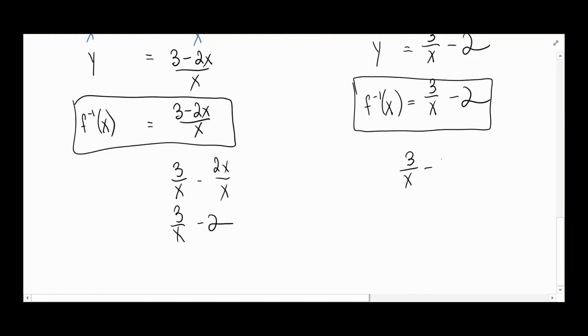Whereas if we have this one here and say, hey, if I want a single fraction, I would need to multiply by x over x to get a common denominator, we can see that he's equivalent to the other one. So two different approaches to the same problem. Both work perfectly fine and both are correct.